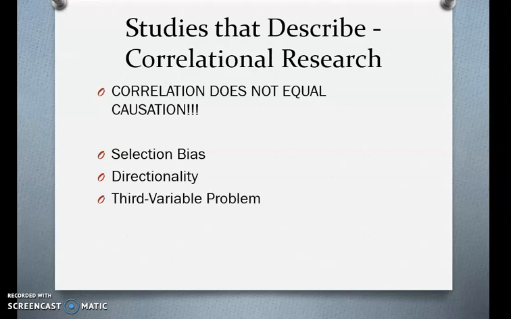Also, it could be that some third variable that we've not measured, in this case, is independently causing a change in both variable A and B. So for example, it could be that something like loneliness is causing kids to play more violent video games. It could also be that loneliness is additionally causing a change in aggressive behavior.